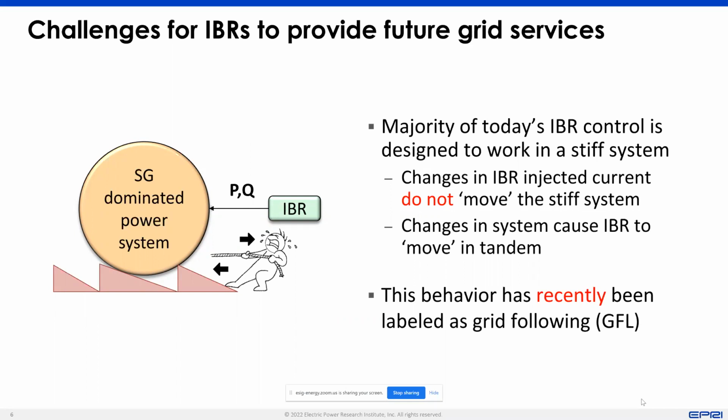So if the system moves to a new voltage level, new angle level, the inverter-based resource is going to follow it, move itself along, and try to position itself relatively in the same manner so that it can keep injecting the same current. If you want to think of it in any other way, you have one person standing next to you, that person moves, you move along with it, keeping the same distance apart.